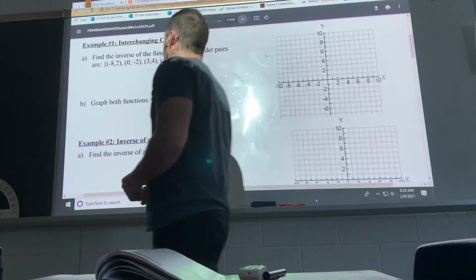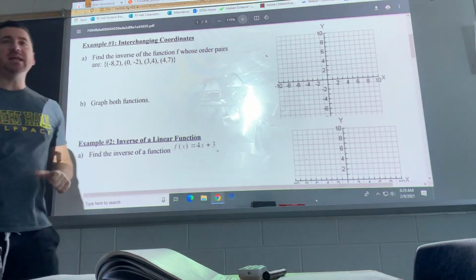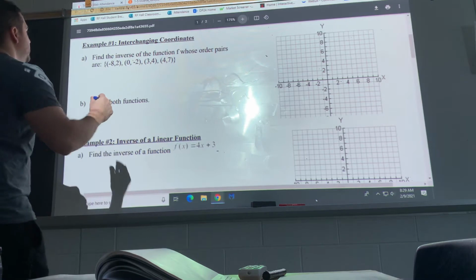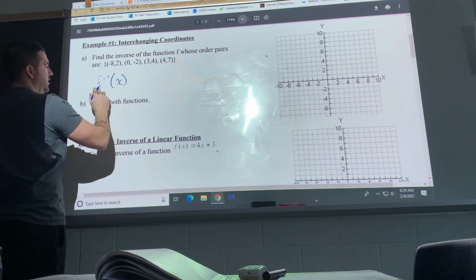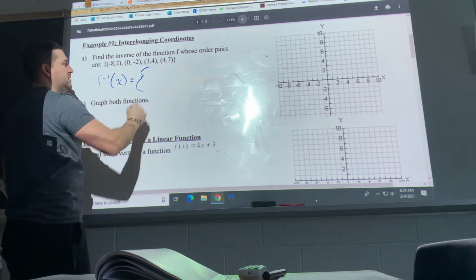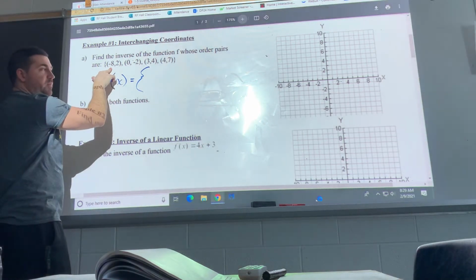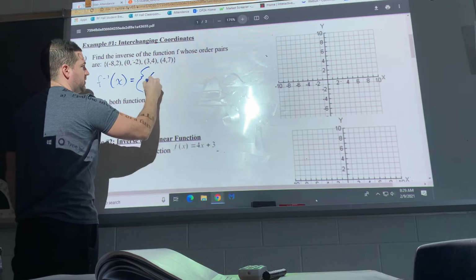The inverse will just have the opposite points. So for the inverse, f(x) with the -1 on top, the points are the opposite. This one is (-8, 2), so the inverse is (2, -8).